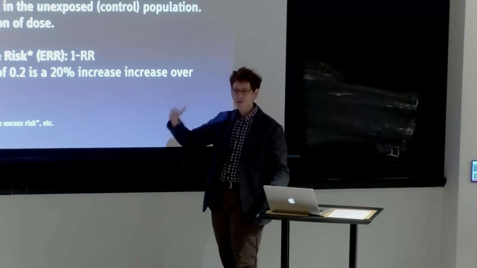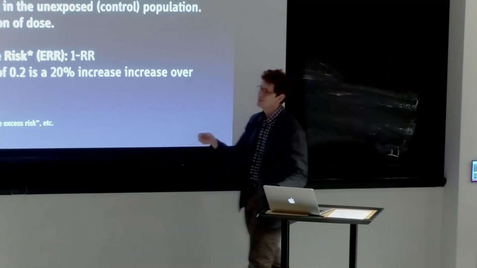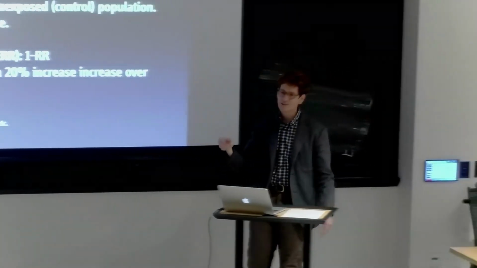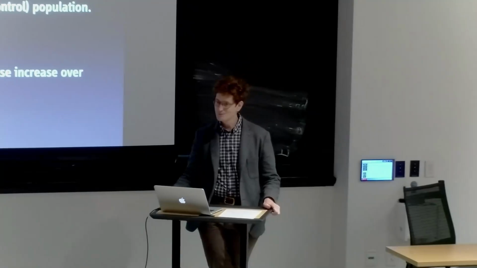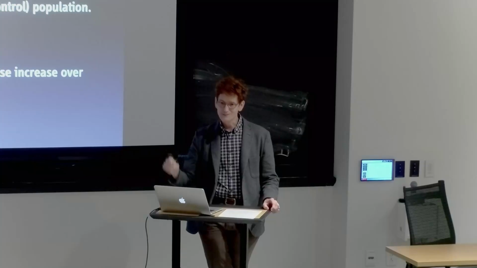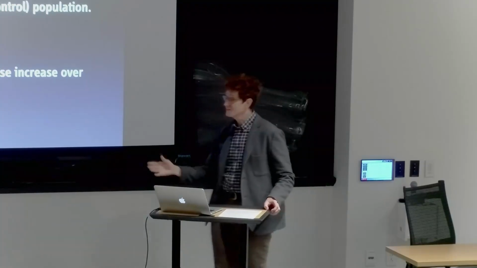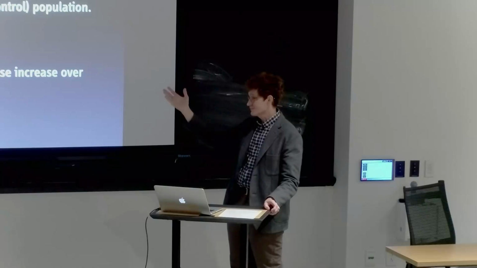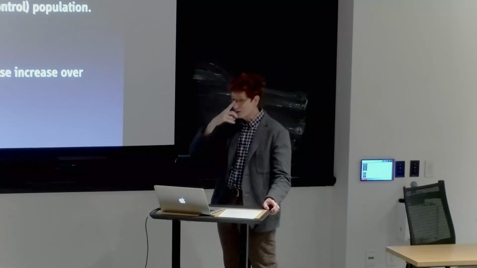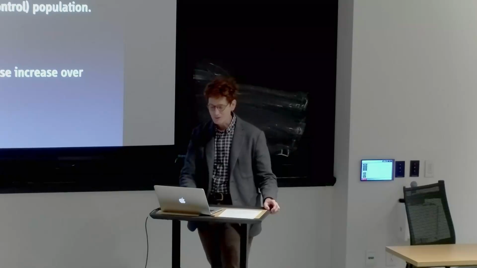A unit of radiation for a person who has a higher baseline risk of cancer causes a higher probability of getting cancer. Does that make sense? Because it's relative to your baseline risk. And if your baseline risk is higher, then your absolute probability is higher. And so that is a choice that we are making when we build this model. And it's not one that we actually talk about a lot.